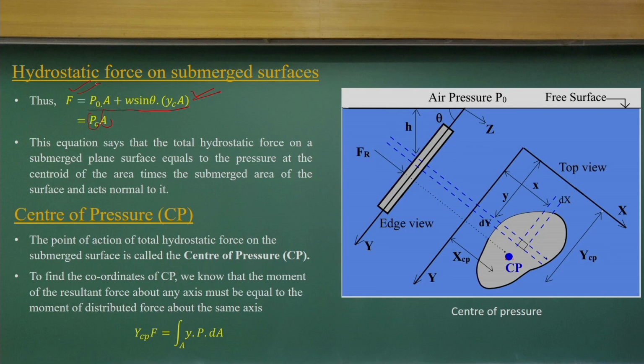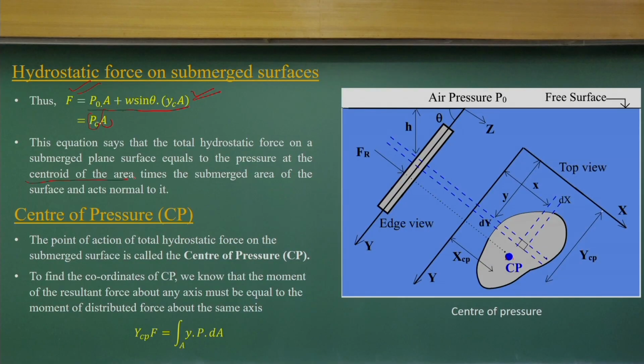So if you do not do the integration, you can find the total hydrostatic force on a submerged plane as equal to the pressure at the centroid of the area, which is what we have derived.